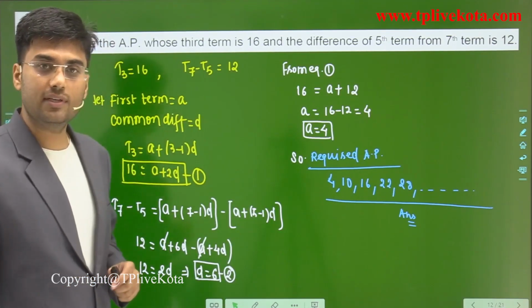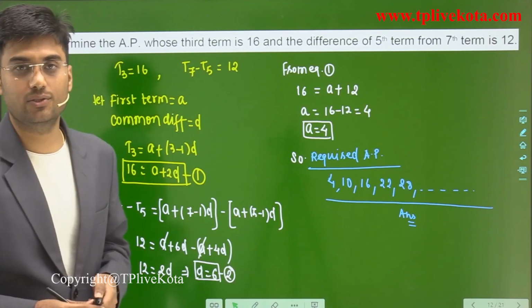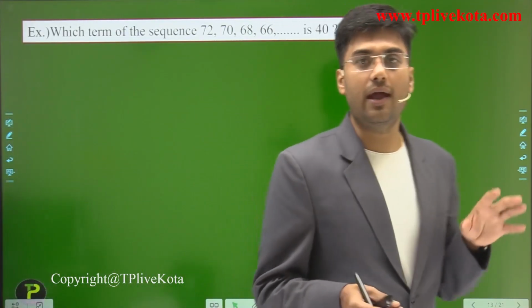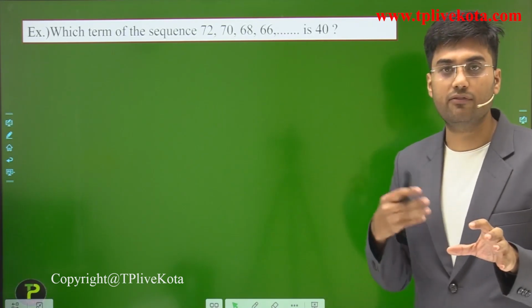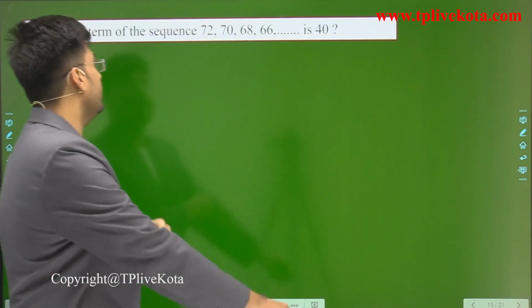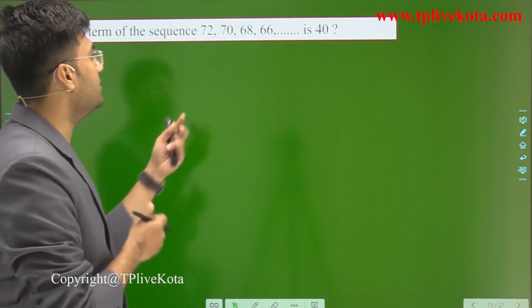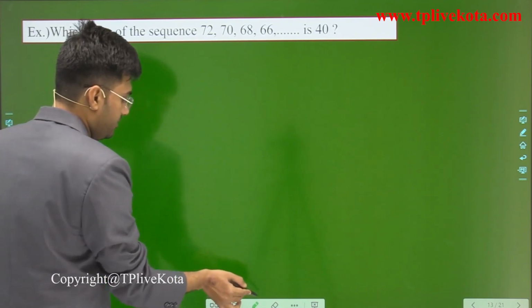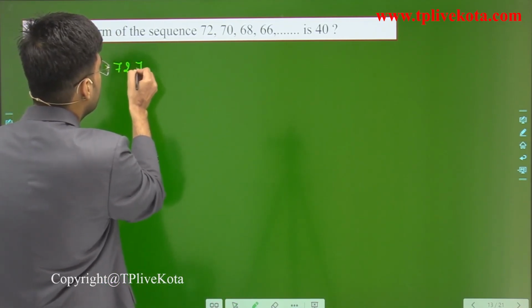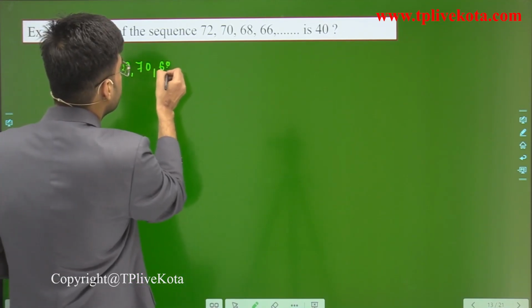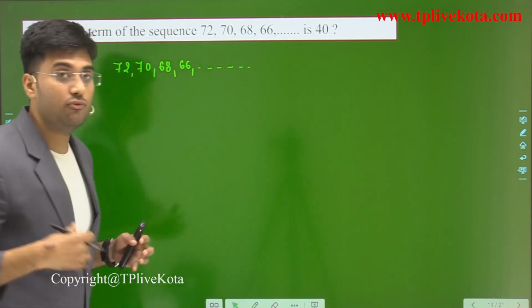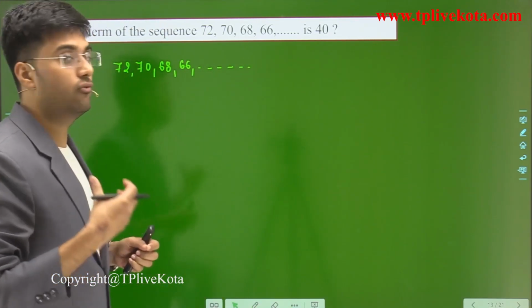Now after this, let's discuss the next type of question of AP. And students, here it is given which term of the sequence 72, 70, 68, 66 is 40.